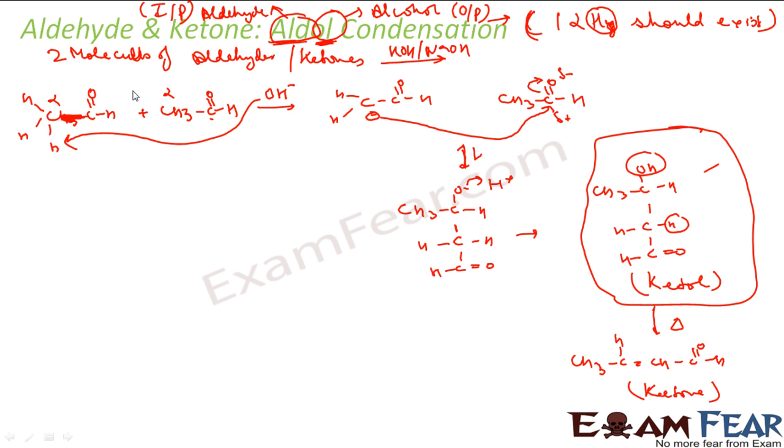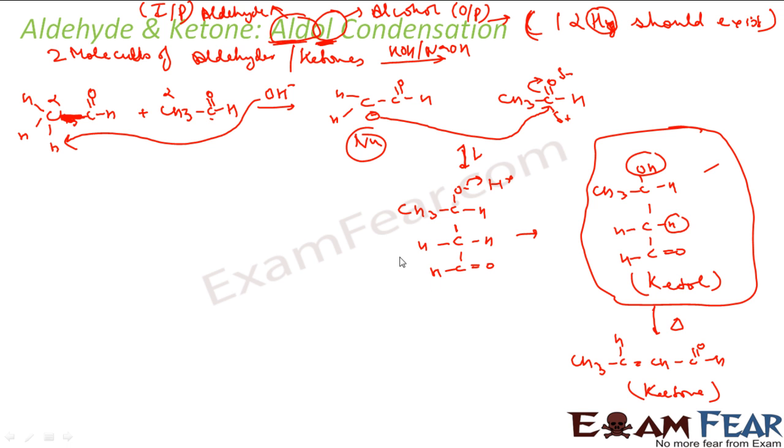Hope this is clear. You have an aldehyde with the alpha hydrogen, and it happened in the presence of a base. The first thing that happened is the base grabs this hydrogen, the alpha hydrogen, because it is acidic in nature. We have discussed that. Carbon with a negative charge is my good nucleophile. It attacks this carbon because this carbon has a slight positive charge, because oxygen has a slight negative charge, being more electronegative.